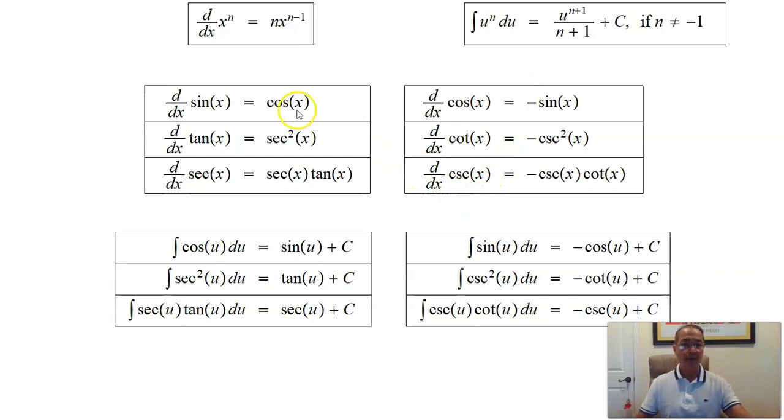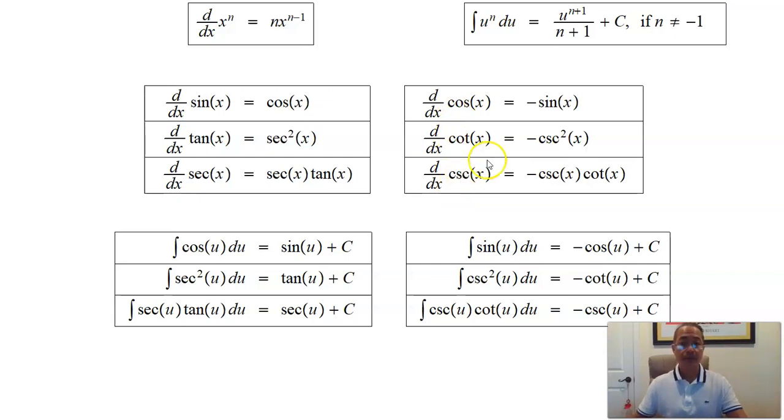So how about some trigonometry? The formulas are divided into two columns because on the left, the coefficients are positive 1 for the derivatives, but on the right, there are negative coefficients for these functions. These are all cofunctions. They start with the letter c, so we have cosine, cotangent, and cosecant.